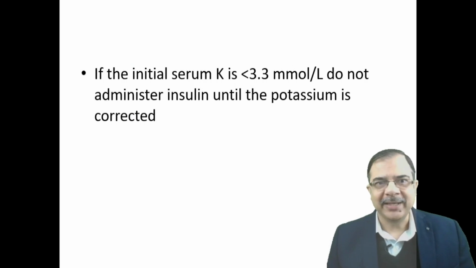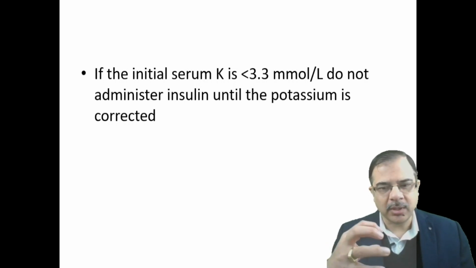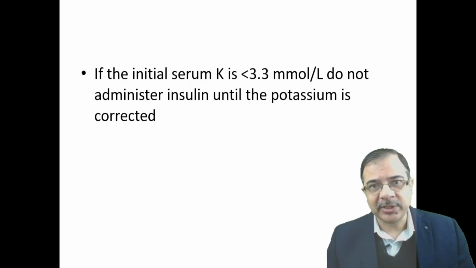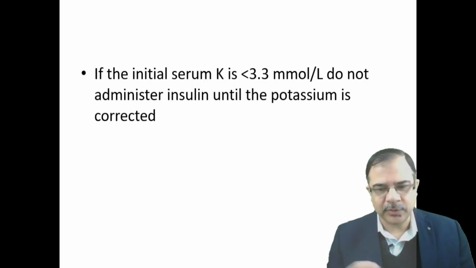Now, if the initial serum potassium is less than 3.3, we will not administer the insulin until the potassium is corrected, because insulin causes intracellular shifting of the potassium, so potassium can decrease very dangerously. So potassium is very important before giving the insulin therapy.